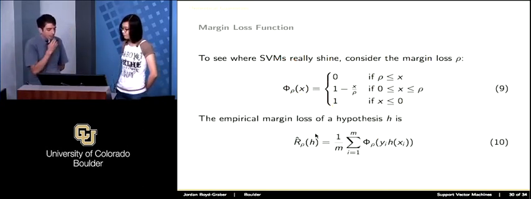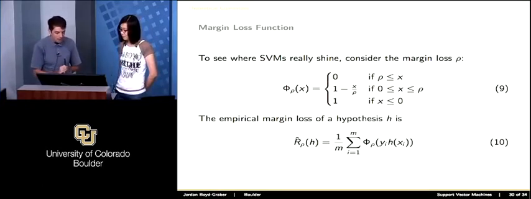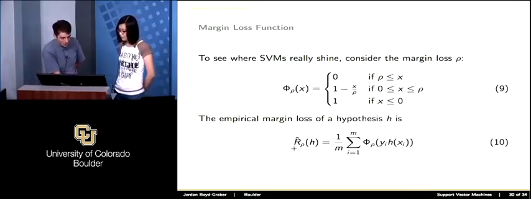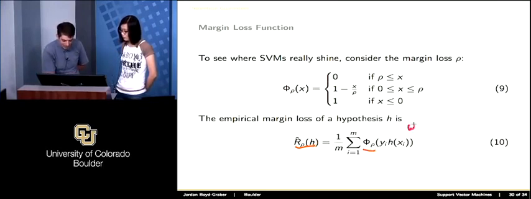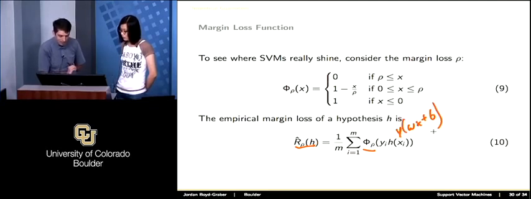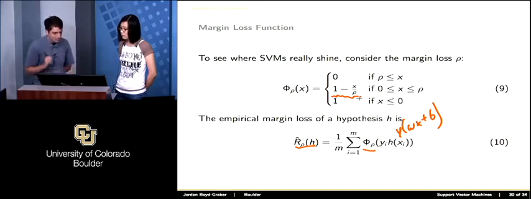Okay, so one thing that we can do is compute the empirical margin loss of a hypothesis in these terms. We take this phi function, plug in wx plus b, multiply by y, so that positive numbers are good, negative numbers are bad, and things in the margin are iffy.